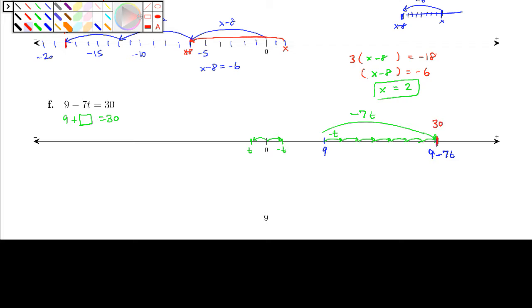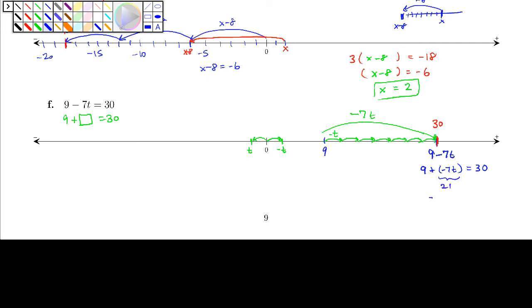All right? So I can also think of this, remember, as 9 plus negative 7t equals 30. Well, I know what to add to 9 in order to get 30. That has to be 21.